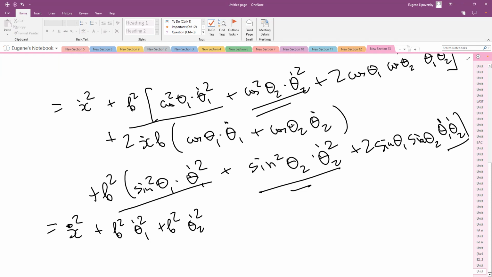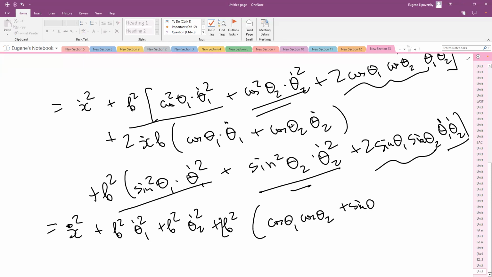You'll have this one and this one, plus b squared times 2 times cosine of theta 1, cosine of theta 2, plus sine of theta 1, sine of theta 2, both multiplied by theta 1 dot, theta 2 dot. Almost there. And we have this extra piece dangling around.